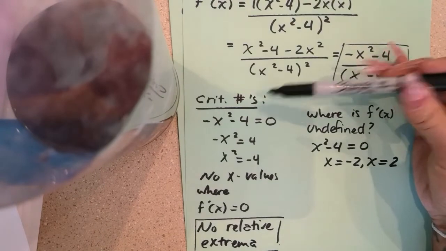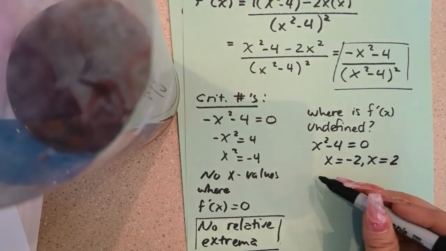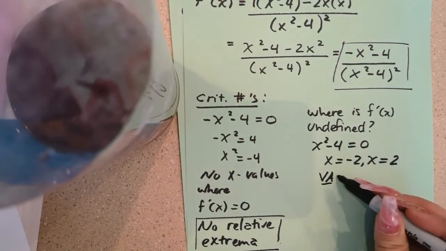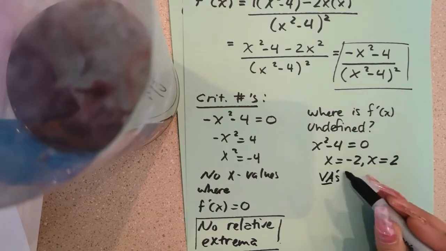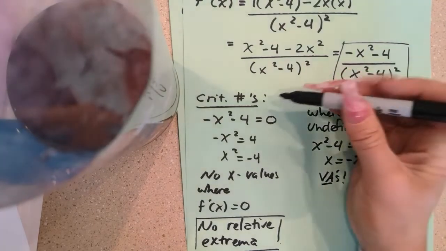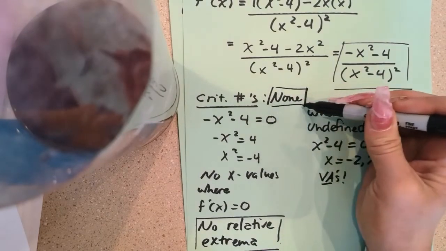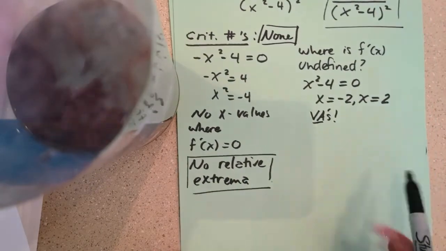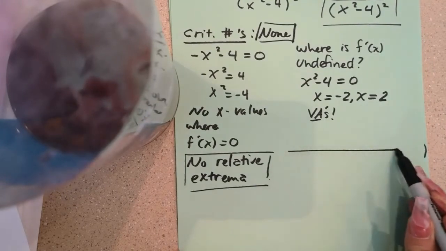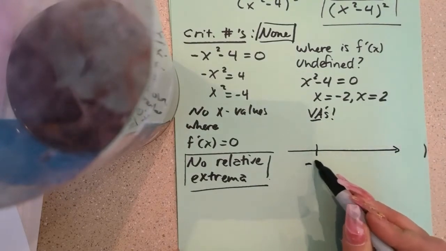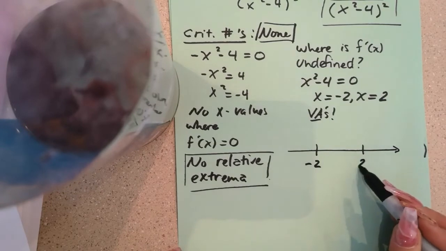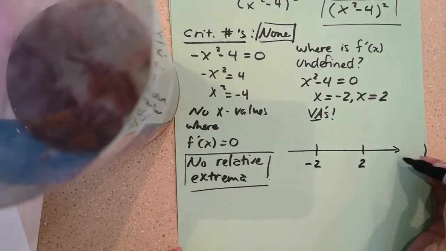But these are not actually going to be critical numbers because, remember, these are vertical asymptotes. In other words, these are not in the domain of the function. But I would still have to ask, as far as increasing and decreasing goes, what happens as I move across those asymptotes.